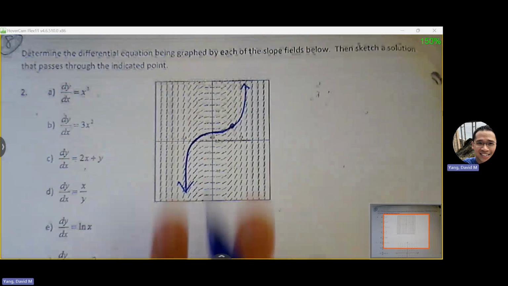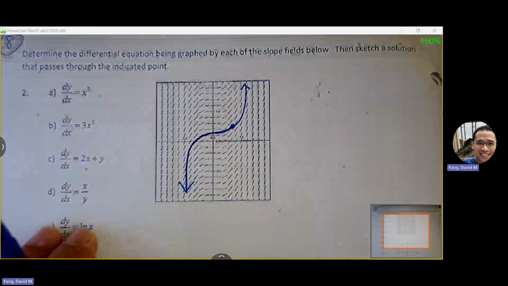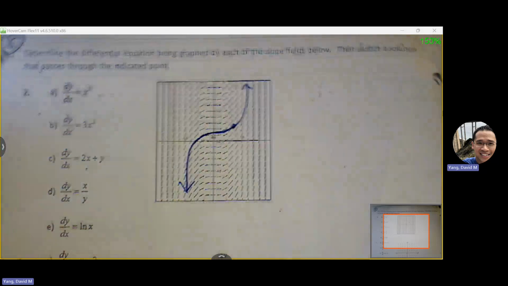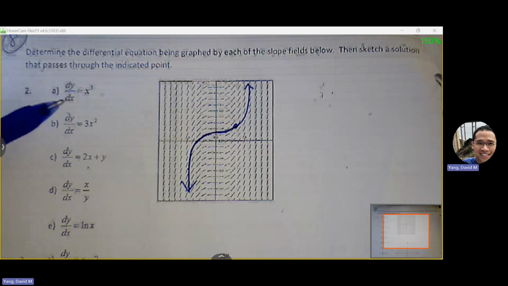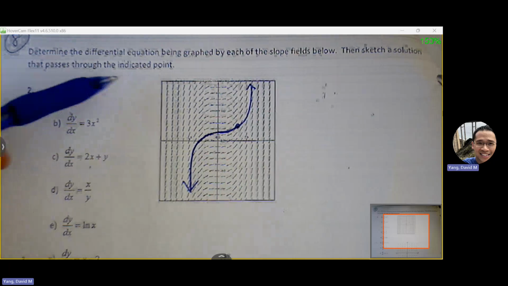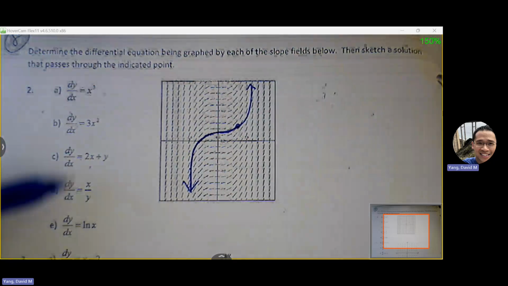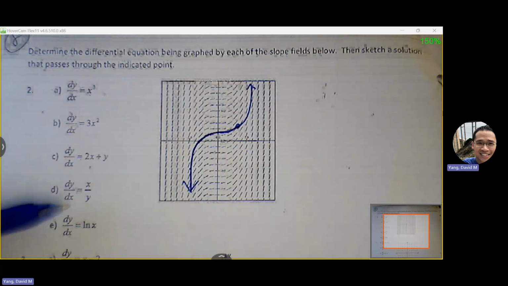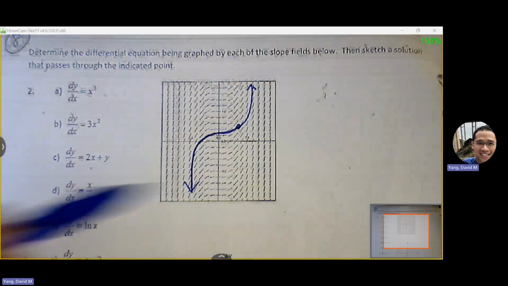So if we're trying to match this with the appropriate derivative, we wouldn't want to build every slope field from scratch, plug in 0, 0, plug in 1, 1, and then create 5 different versions of the slope field and then match with this one. That would take too long, right?